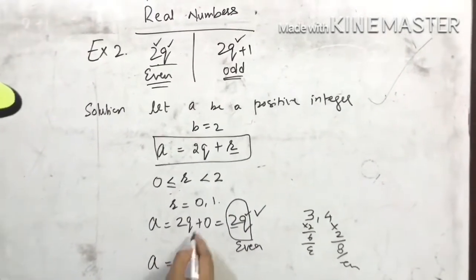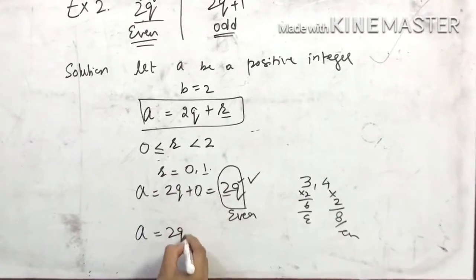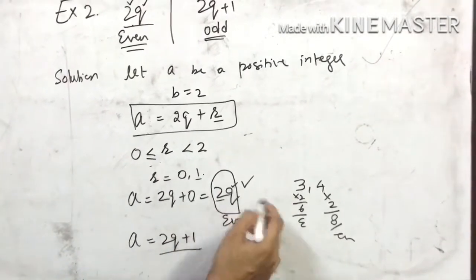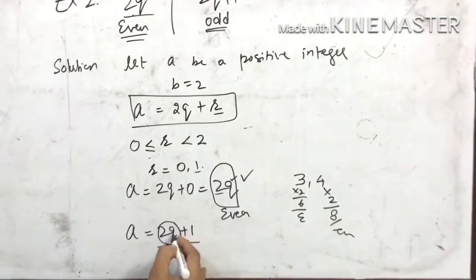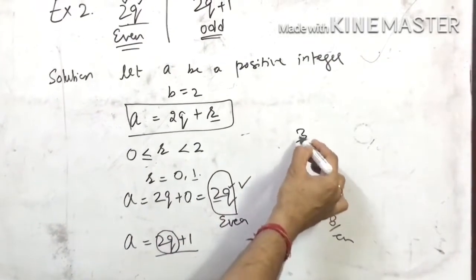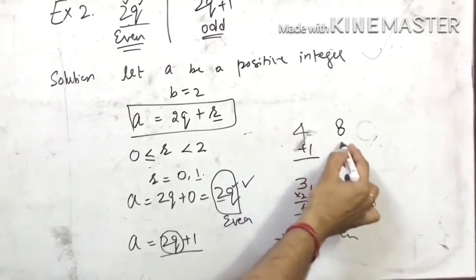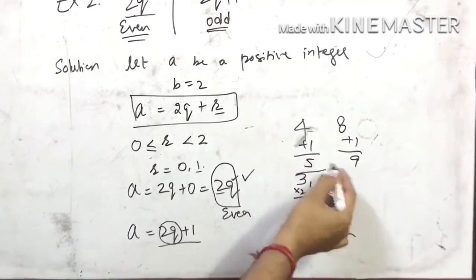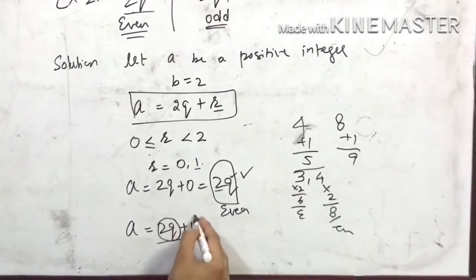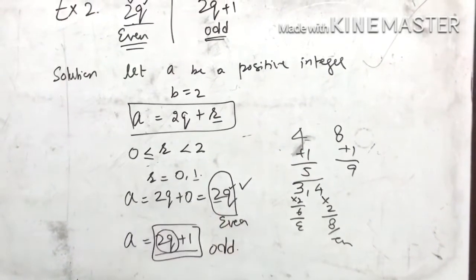And when you put in place of 0 remainder r value is 1, then it will be 2q plus 1. As you have already proved, you have checked that 2q is an even integer. So when you are adding 1 to an even integer, whether it is 3, whether it is 4, 8, when you add 1 to an even integer, you always get odd integer. So that means 2q plus 1 will be an odd integer. So we have proved that it is true.